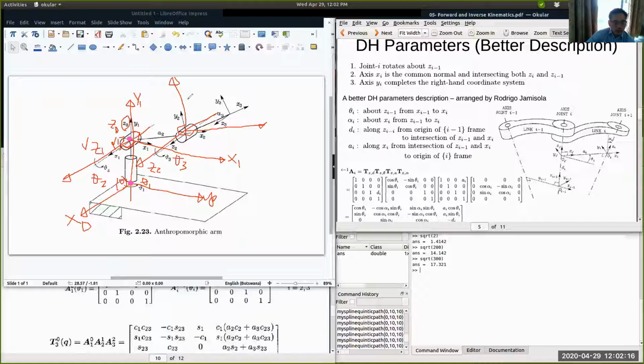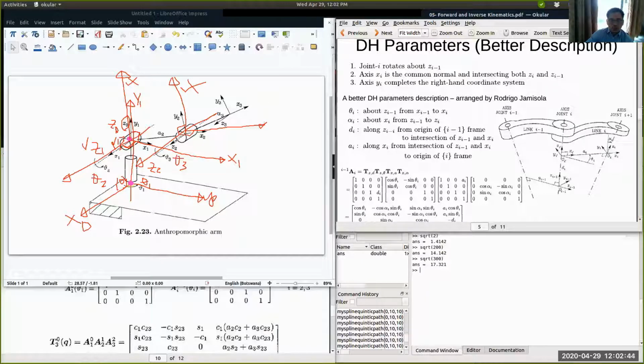So if we transfer this axis over here, yes, it is normal and intersecting to Z1, but is it normal and intersecting to Z2? It is normal to Z2, but it is not anymore intersecting Z2. So this one does not satisfy both requirements.